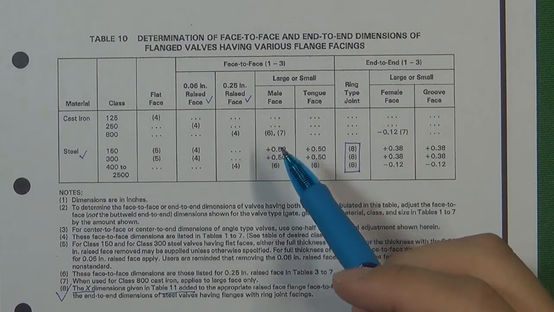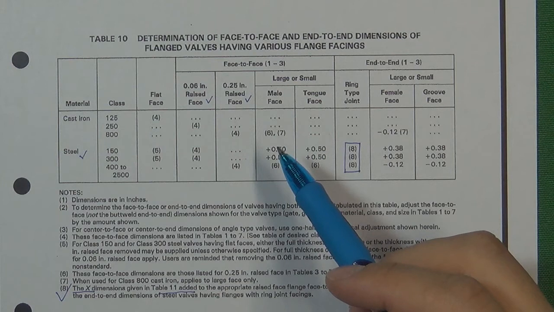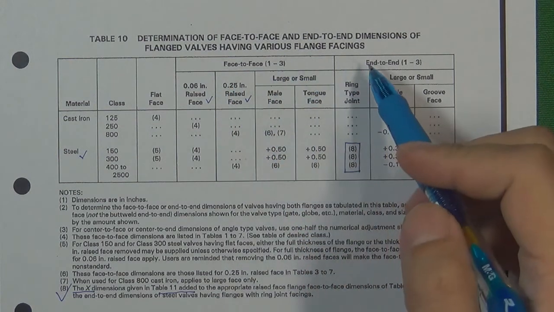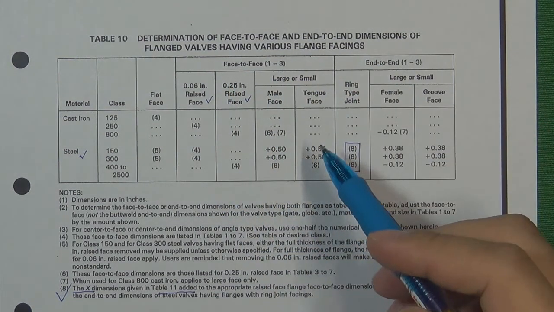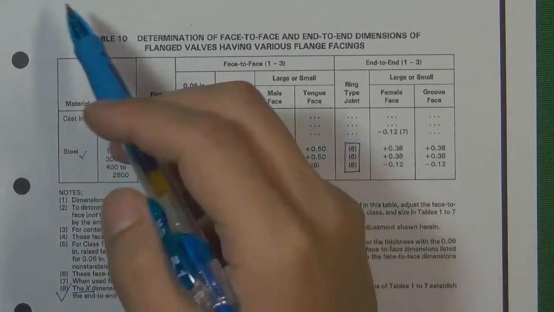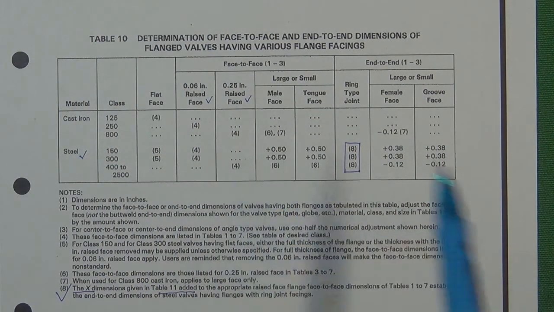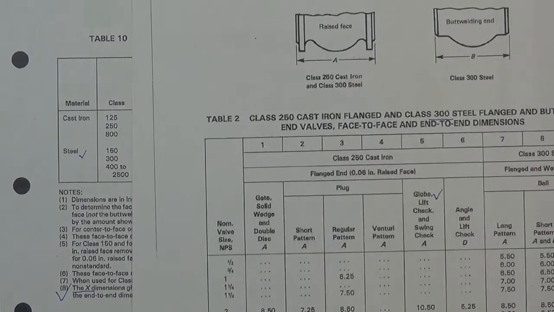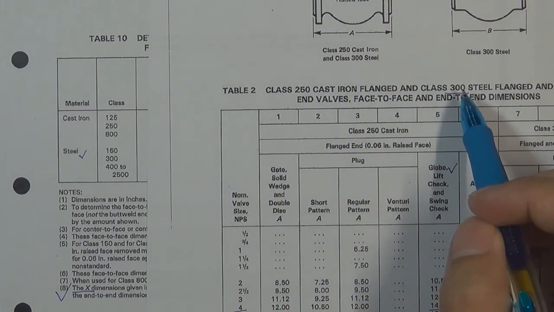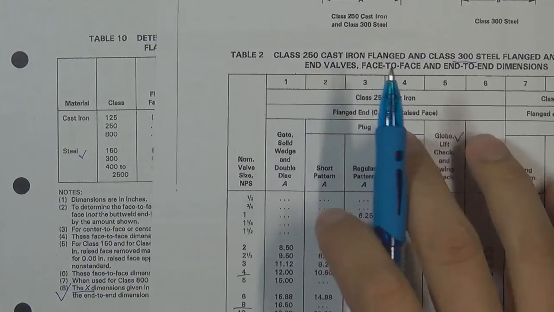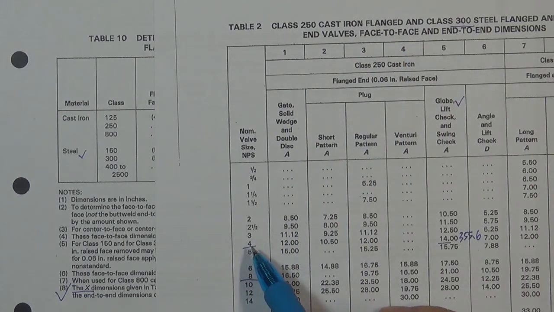The relationship between the two kinds of flange valve dimension, face-to-face and end-to-end, is shown in this table, ASME B16.10, table 10. For example, when you're going to design a 300 pressure class gate valve, the valve size is 4 inch. The valve length will be 12 inch long, according to the standard ASME B16.10.